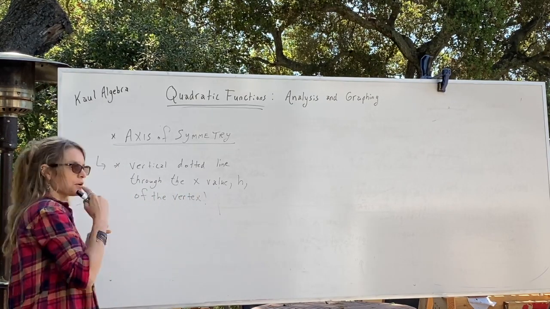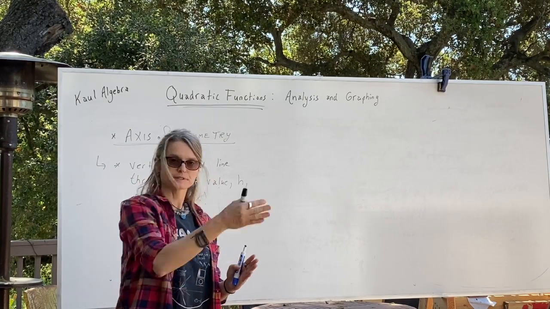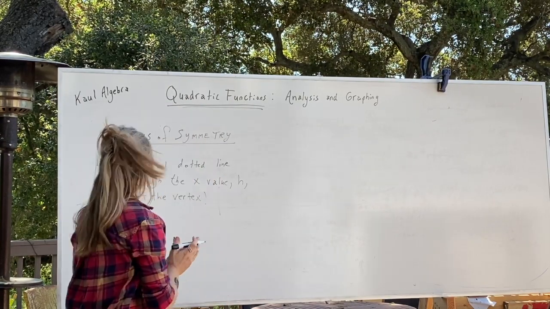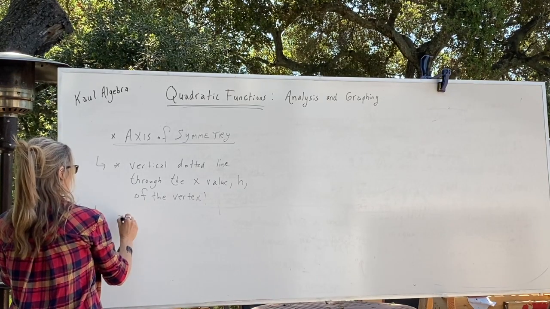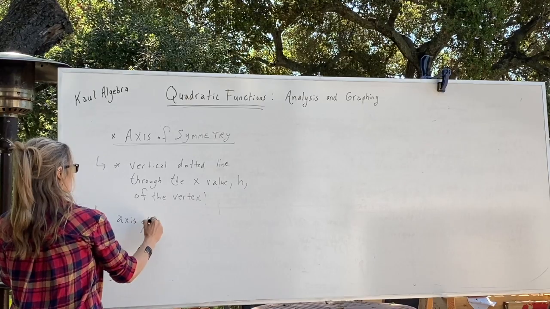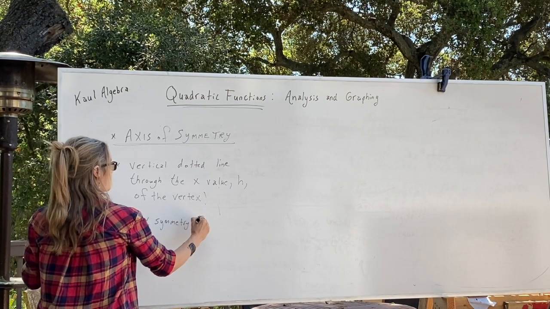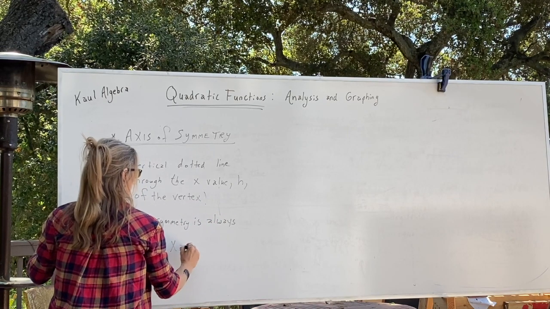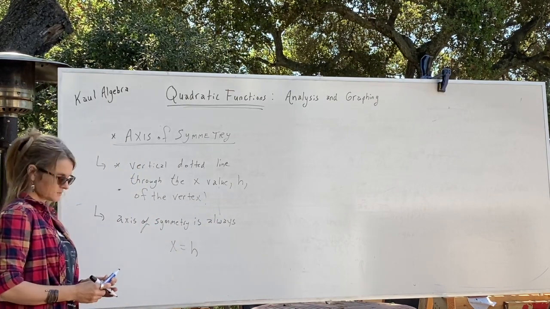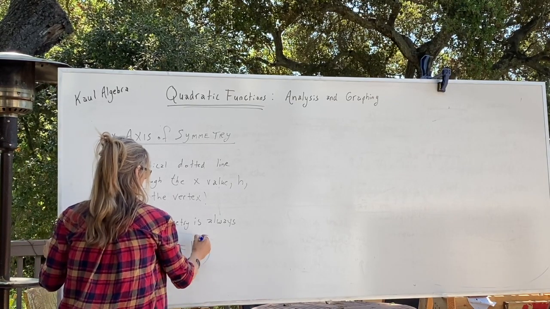If we take our parabola and slice it in half right through the vertex, that is our axis of symmetry. Your axis of symmetry is always x equal to h.